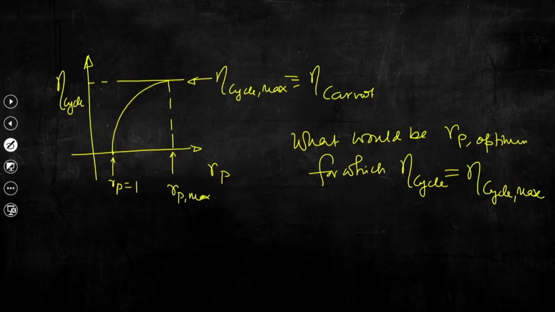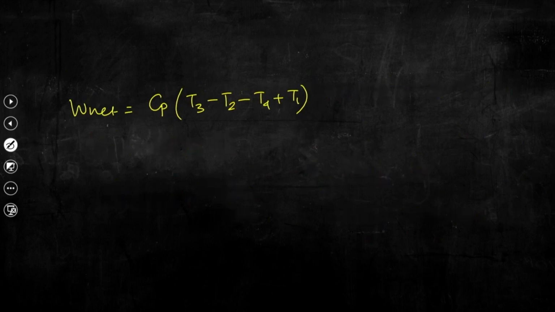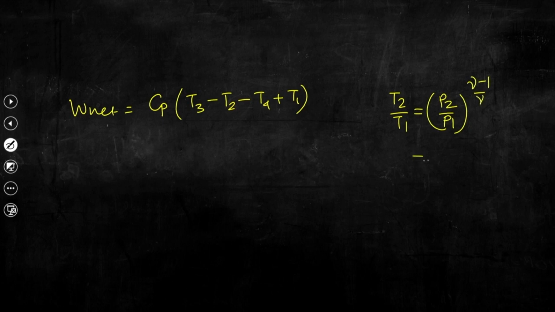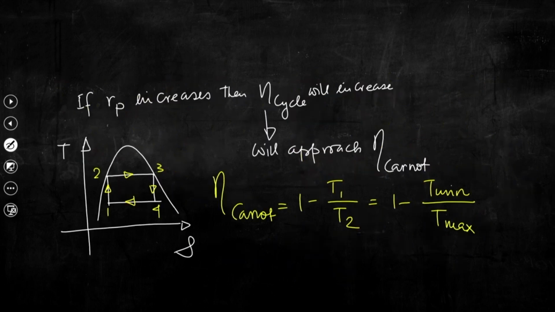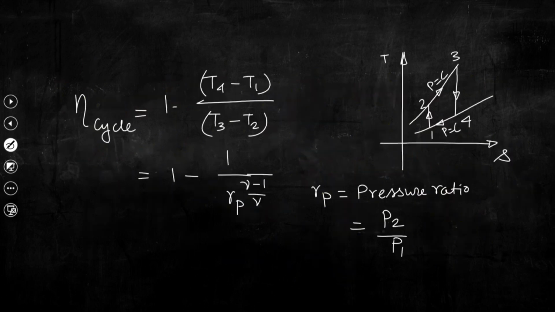So, now what can we write here? We can write T2 by T1 equal to P2 by P1 to the power gamma minus 1 upon gamma. What is P2? If we go back to the previous slide, P2 equal to P3 and P1 equal to P4, because these two pressures are constant.